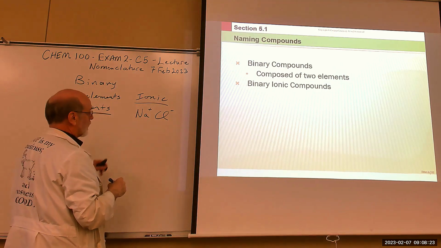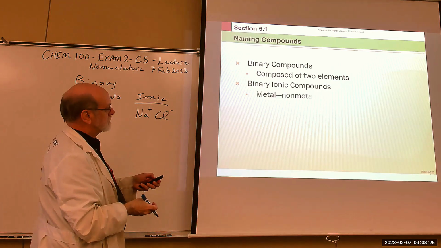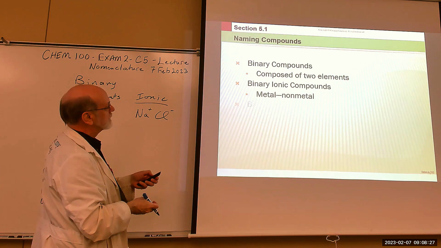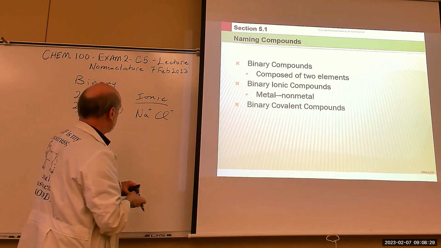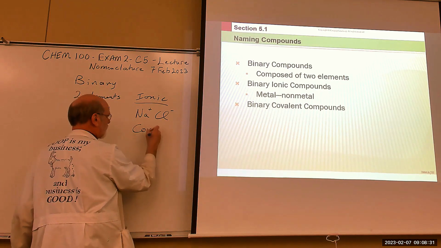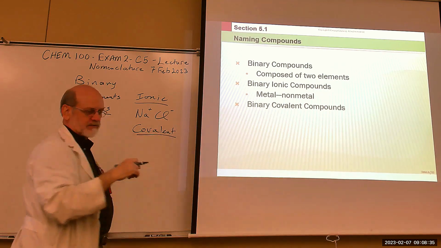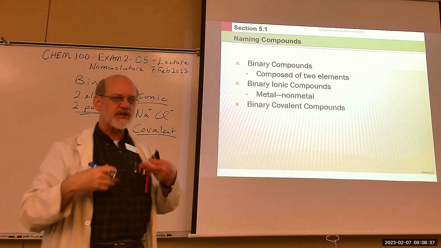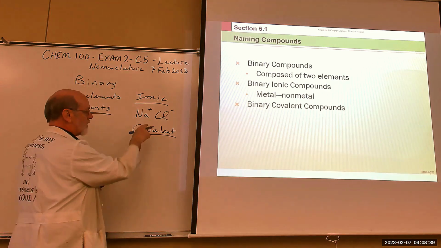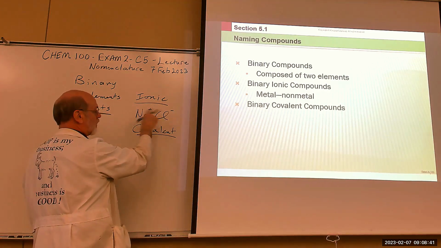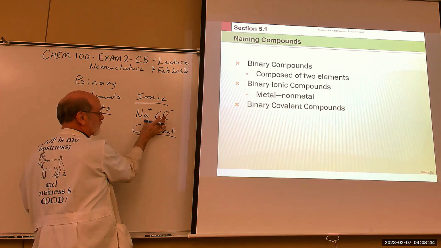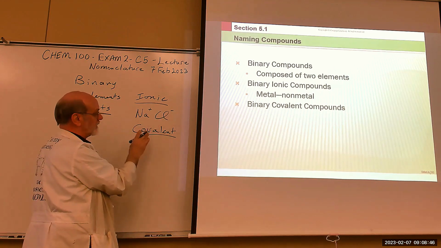There are other compounds that are covalently bound. Those compounds form bonds by sharing electrons. We don't have a complete transfer of electrons to one or the other. This is a purely electrostatic attraction that forms the bond.